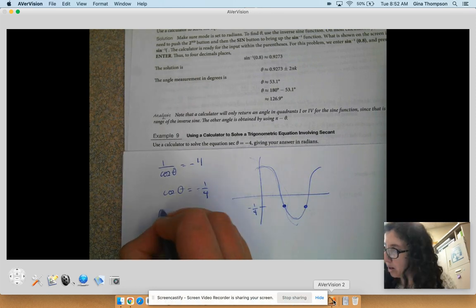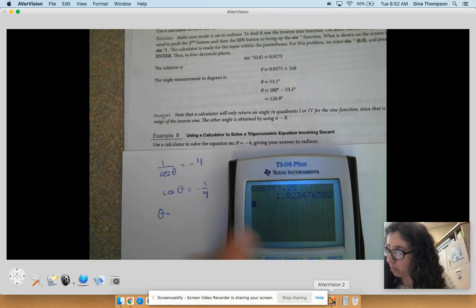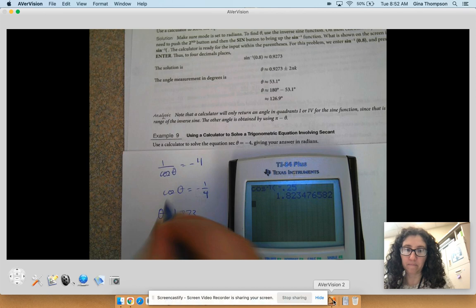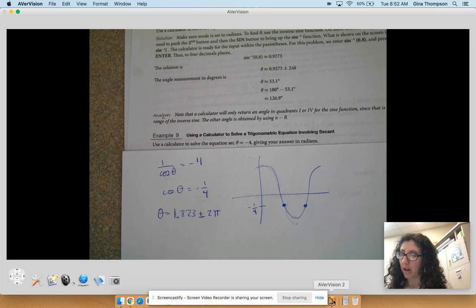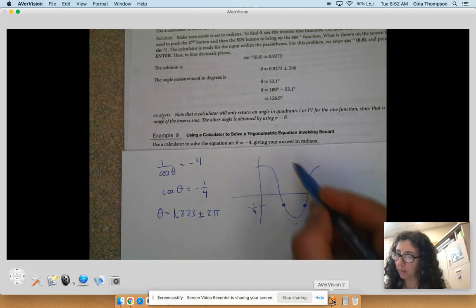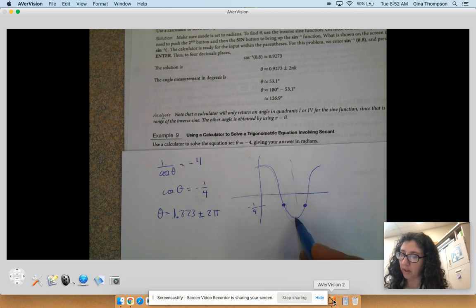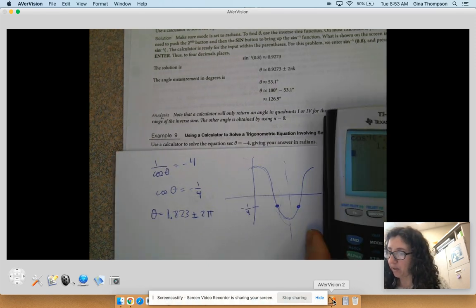So my solution 1 is going to be, what did it say? 1.823 plus or minus 2 pi. How am I going to find this one? Okay, well, there's symmetry here. So if I find this distance, pi minus this value, then I could add that value to pi, right? I want to find this distance here.